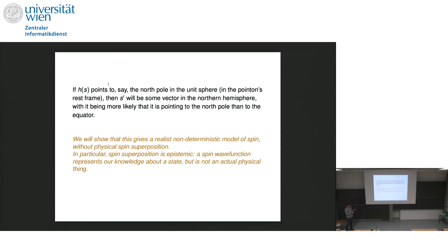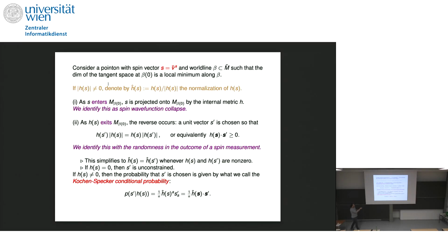Because this S prime, so the reverse of this: when we go to a smaller dimensional tangent space, we project the spin vector onto the lower dimensional tangent space. When we leave the lower dimensional tangent space, kind of the time reverse occurs, and so a section is chosen of this projection map.